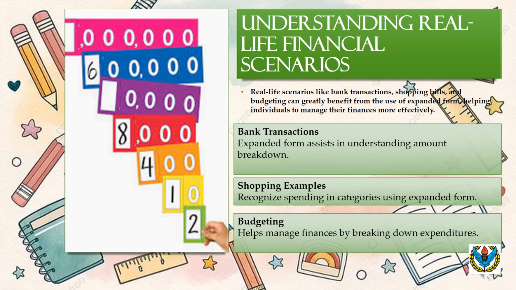Budgeting is another example of expanded forms. It helps you manage your finance by breaking down total expenditure in smaller and understandable categories. It makes large number feels less complex. So I encourage all of you to use expanded form in your daily life. Next time you see a large number or a big price tag, try to expand it in your mind for better number handling.